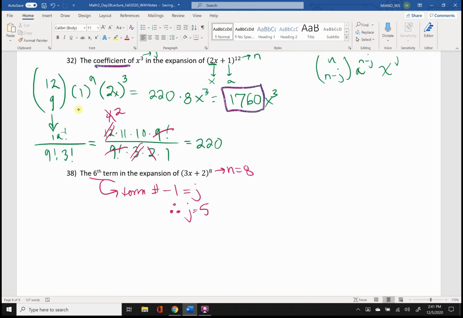Okay, so that'll be 8 choose 5 at a time. The a component, which is a 2, being raised to the jth power, or sorry, the n minus jth power.